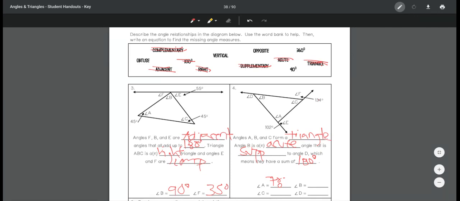So we do 180 subtract 134, which makes our total for angle C 46 degrees. So we're going to write that in.